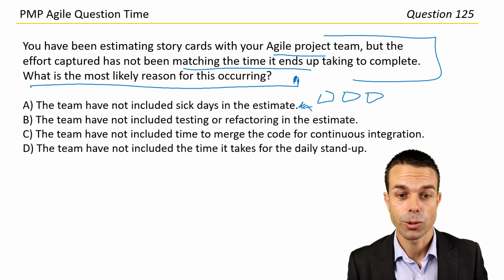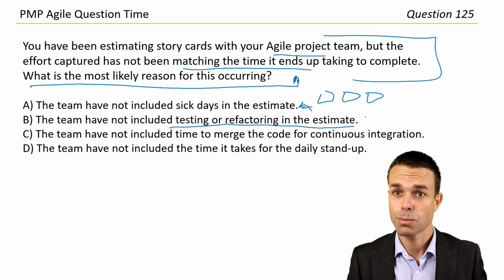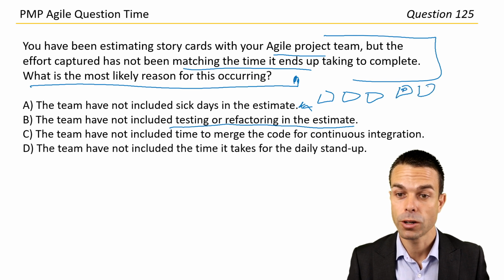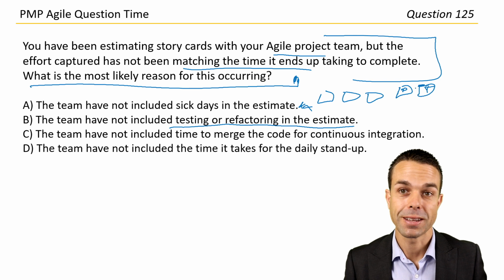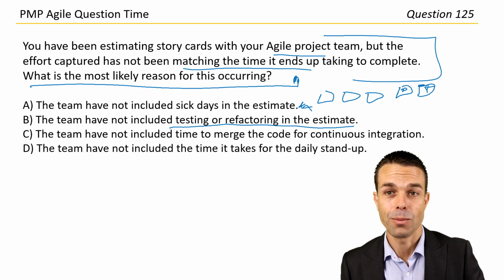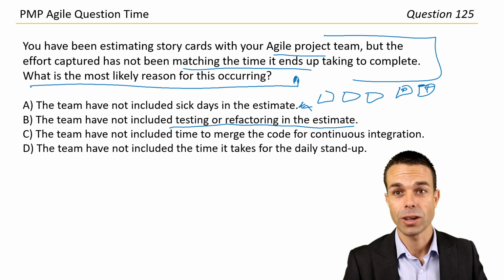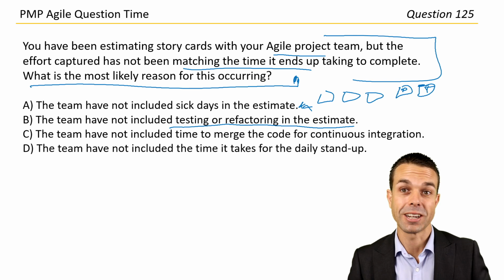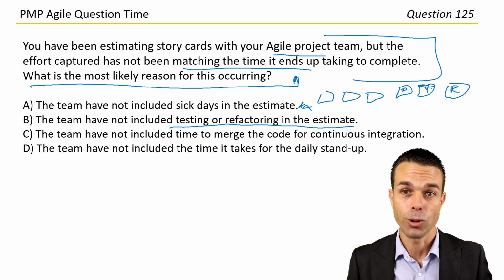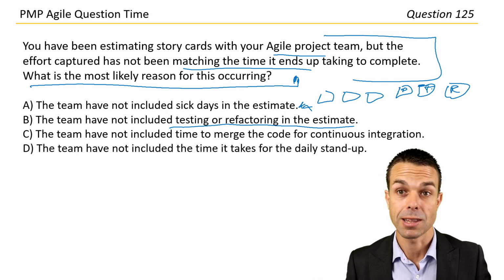The team have not included testing or refactoring in the estimate. That's a pretty good one, because yes, we want development work, we want testing work, and if we're doing hacky fixes or quick fixes that are making messy code, or having systems talk in dodgy ways to each other, not in clean ways, that's when we're going to need refactoring of the code to clean up the code, to simplify the code base and simplify the systems later on.